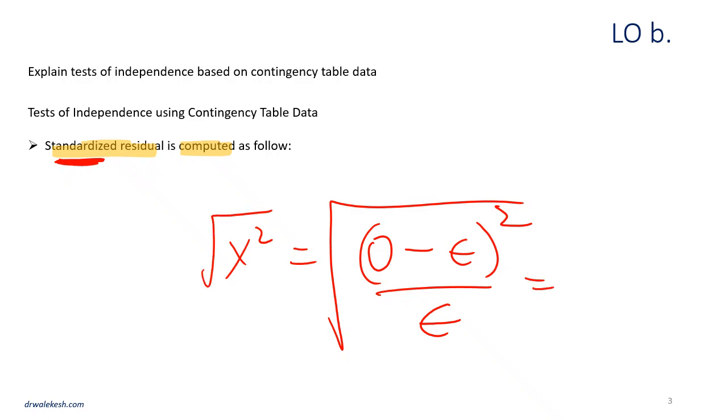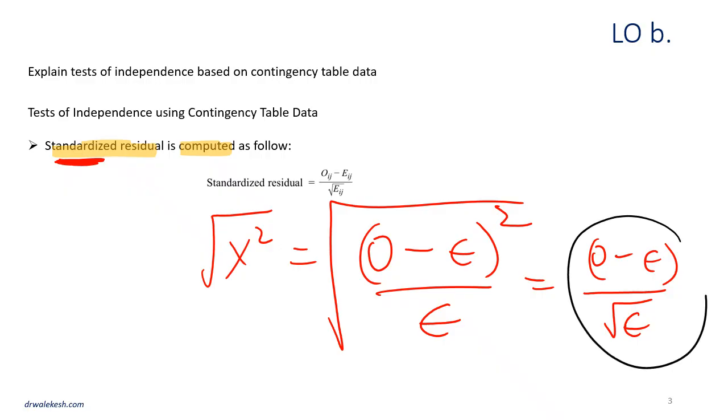So finding the square root will imply that we will have something of this nature: observed minus expected squared all over the square root of expected. So I can take this out, and what I would have is this. So standardized residual is this.